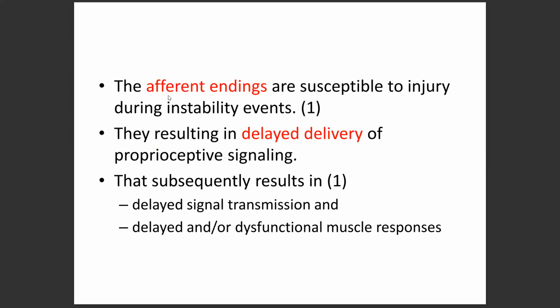The afferent endings are susceptible to injury during instability events, resulting in delayed delivery of proprioceptive signaling and delayed signal transmission. Not only will there be a delay in signal transmission, but it will eventually lead to delayed muscle responses or dysfunctional muscle responses.